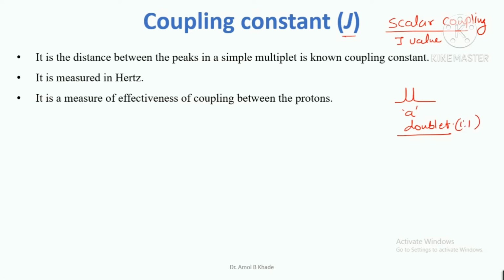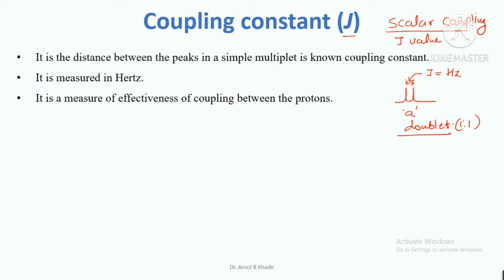Now if we measure the distance between these two lines, we can take a scale and measure this particular distance. This distance is nothing but the coupling constant, or the value of J, and this value of J has a unit of Hertz.